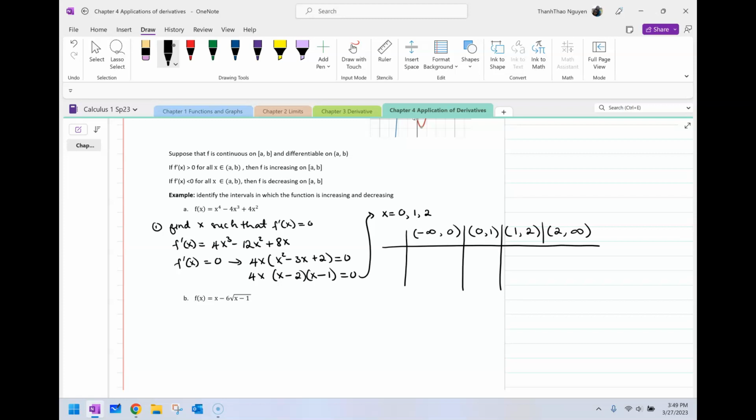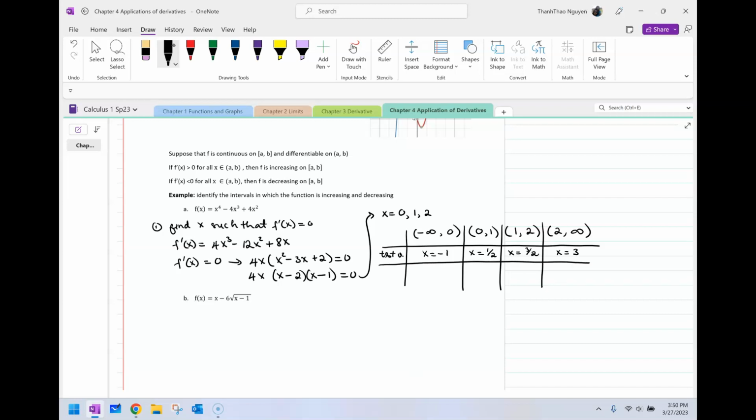And we will use a test value to evaluate f prime of x: x equals negative 1, x equals 1 half, x equals 3 half, and x equals 3 in this case.